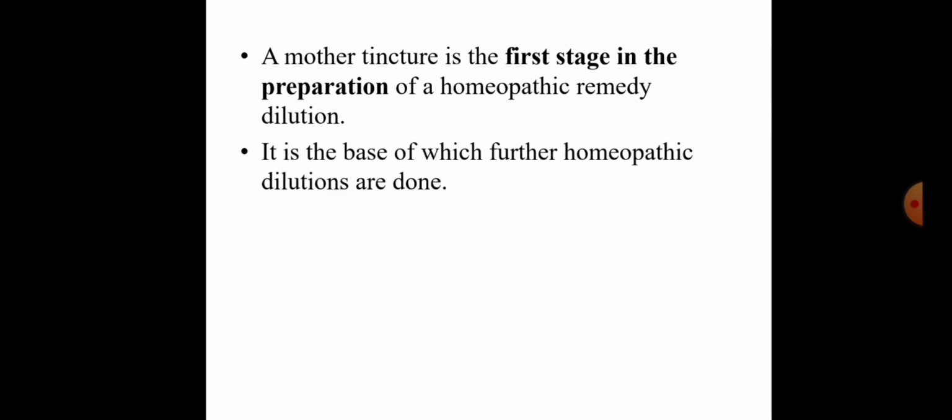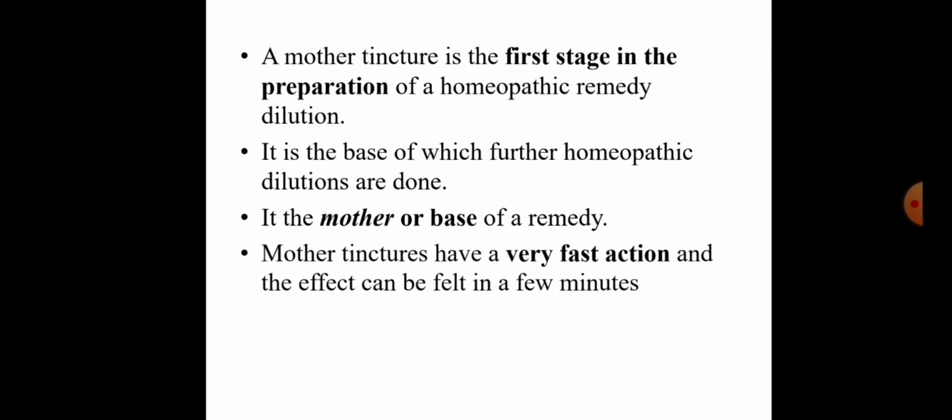So mother tincture is the first stage in the preparation of homeopathic remedy dilutions. If you have to prepare a homeopathic remedy, first is the mother tincture preparation. Then only you can go with the further dilutions. So it is the base on which further homeopathic dilutions are done. So we can also call it the mother of a remedy or a base of a remedy. Mother tinctures have a very fast action and the effect can be felt in a few minutes.